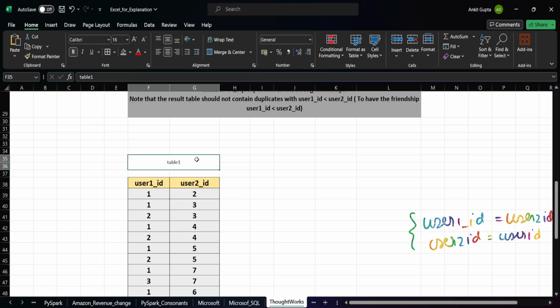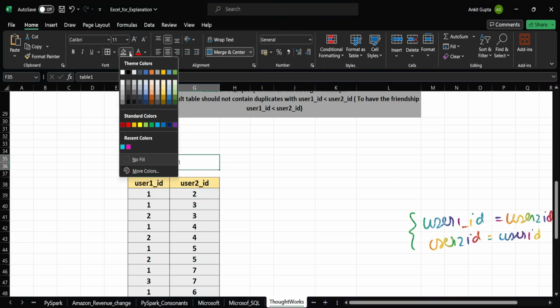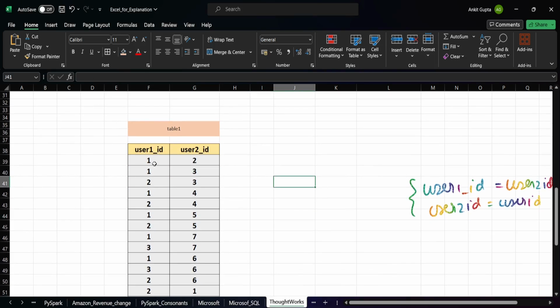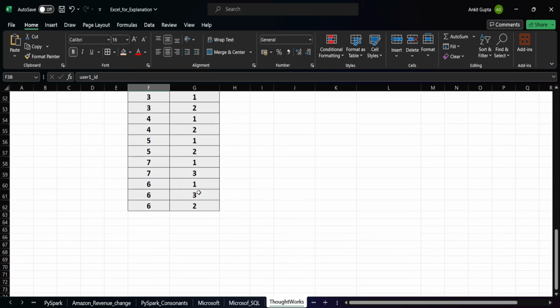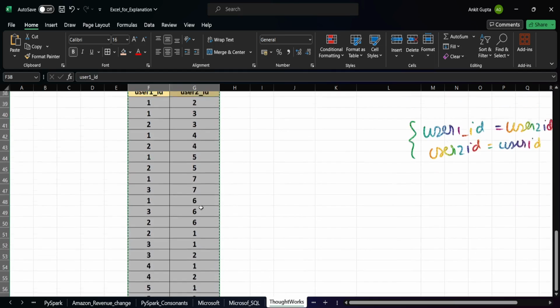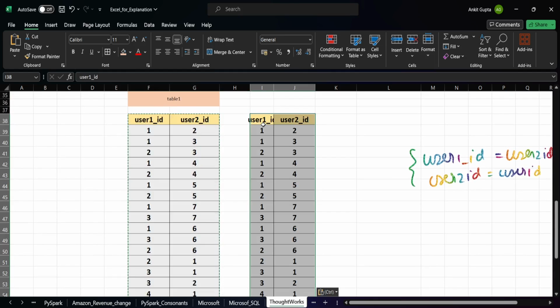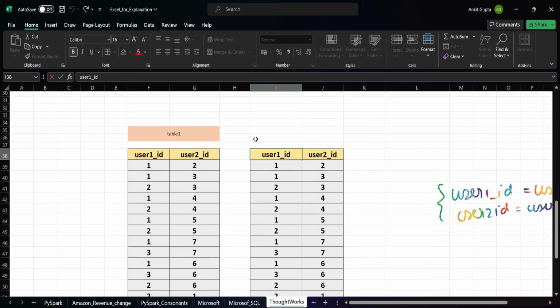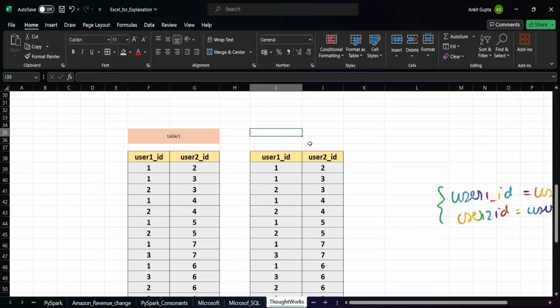So this is table 1, and what we will do is generate a table 2 also. We just need to copy paste this. So this is table 2, right? And here we can just write this.